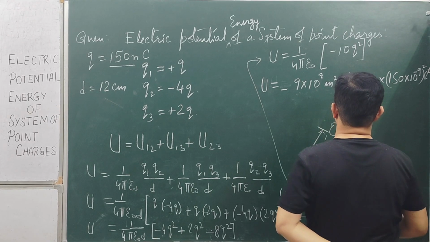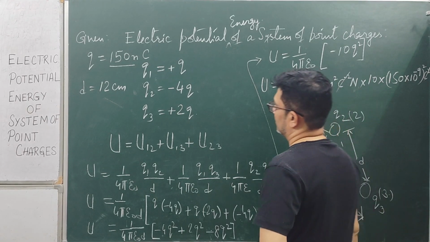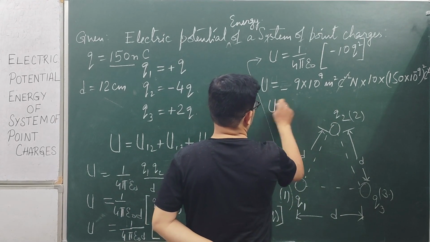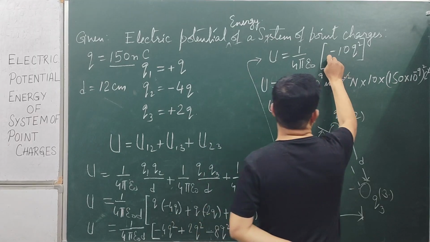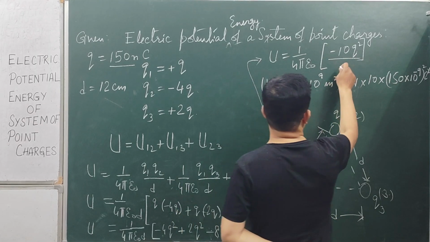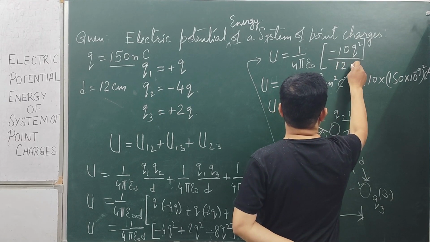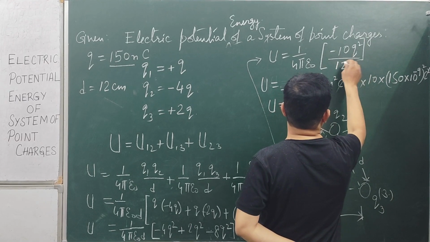So basically U is going to be in terms of joules. So U comes out to be, and over this we also have D, and D is 12 meter.